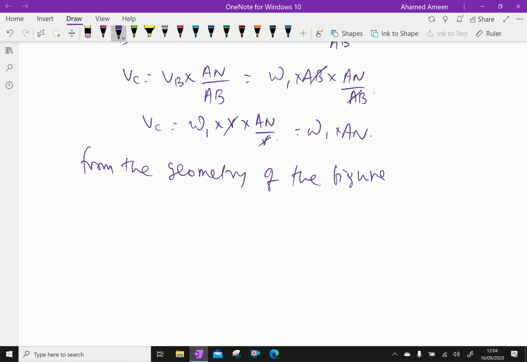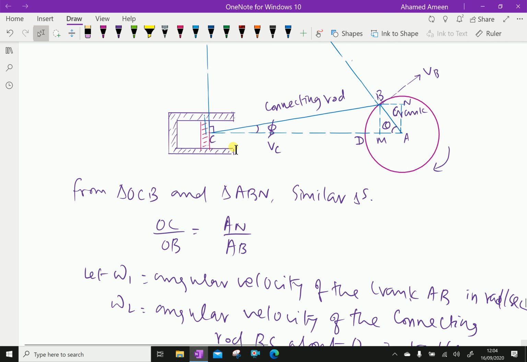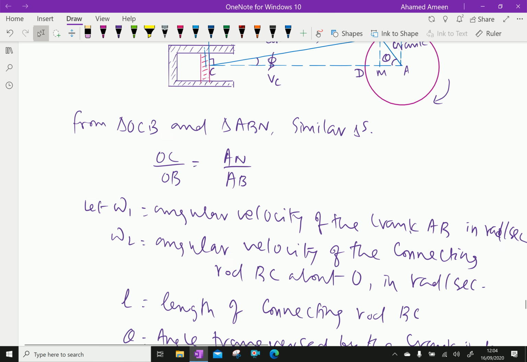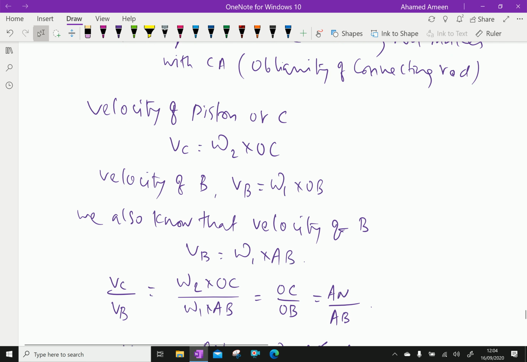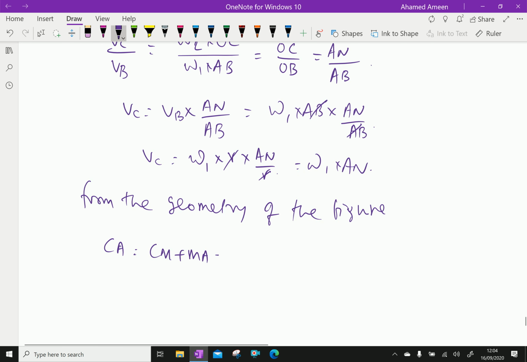Next, from the geometry of the figure, we have CA equal to CM plus MA. Look at these figures. CA equals CM plus MA, which is equal to CB cos phi plus AB cos theta.